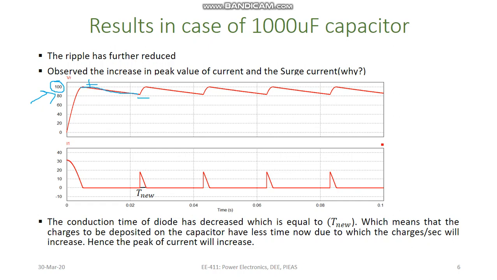Now when once again the new cycle comes, the diode is in forward bias now, and the capacitor will again charge from its value 80 volt to peak value 100 volt.